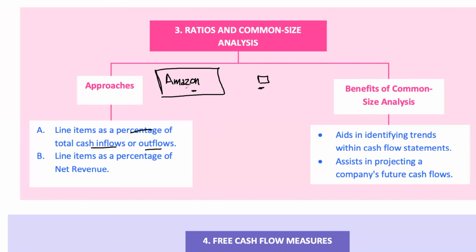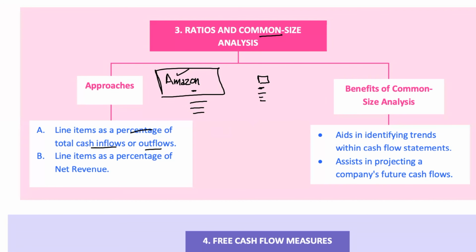A great example of where this comes in handy is when you're comparing Amazon to a smaller player in the same space. While Amazon's cash flows are enormous, common size analysis lets you see how efficiently each company is using its cash relative to its size. This way, you can make more informed comparisons.